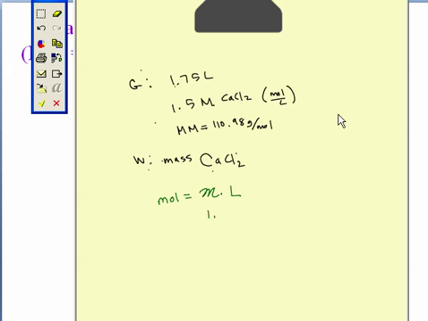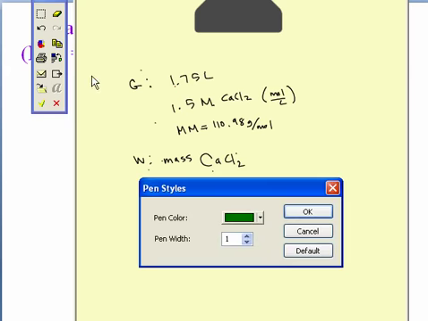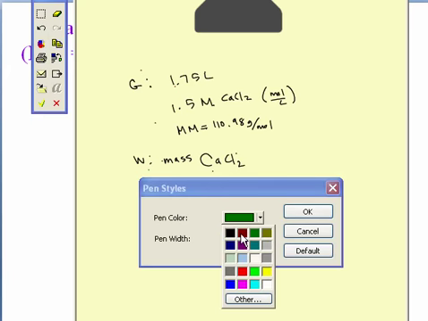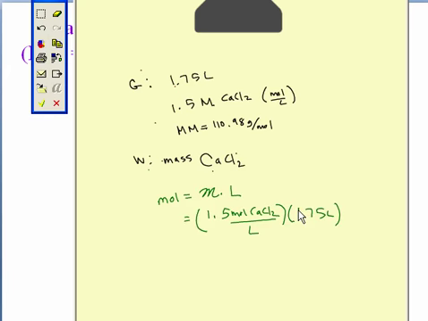So if I have 1.5 moles of calcium chloride per liter, and I multiply that by my liters, which is 1.75 liters, then I can see that my liters cancel out, and the units that I'm left with are moles of calcium chloride.